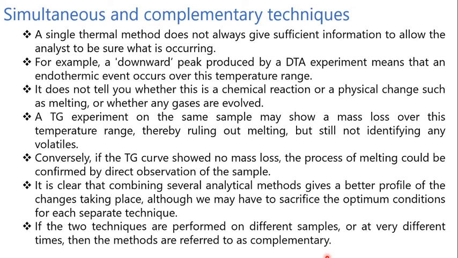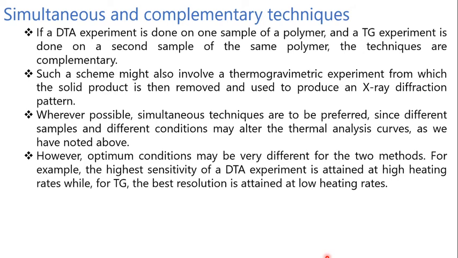If two techniques are performed on different samples or at very different times, then the methods are referred to as complementary. If the DT experiment is done on one sample of a polymer and the TG experiment is done on a second sample of the same polymer, the techniques are called complementary.